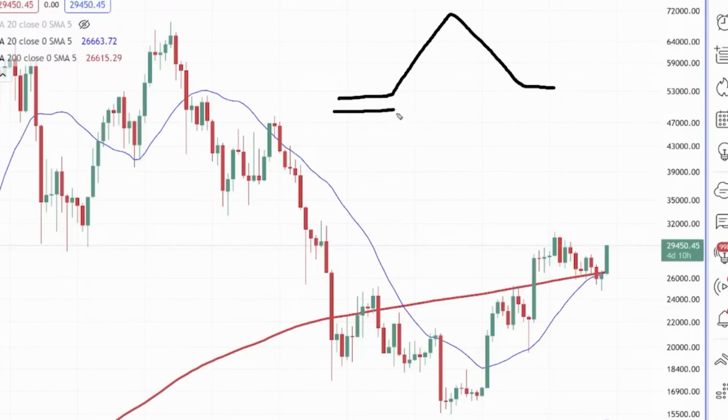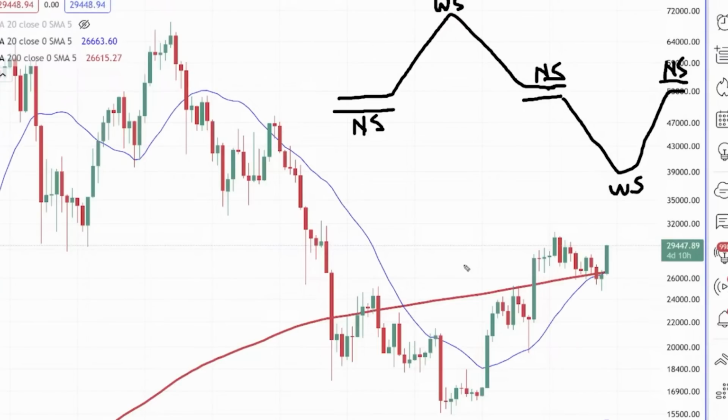Sometimes they do it this way: narrow state, wide, back to narrow. So these are your narrow states, narrow state, narrow state, wide state, wide state, narrow state.